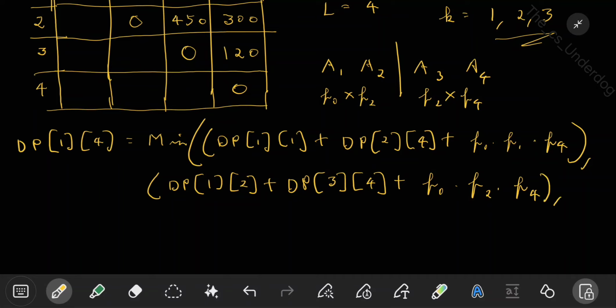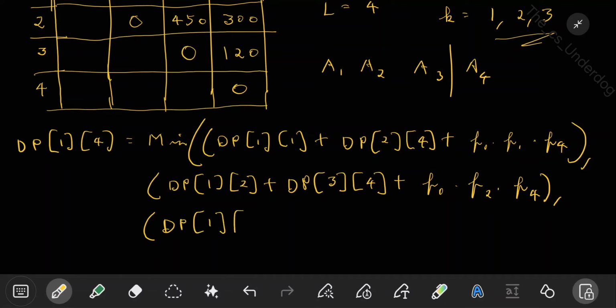In this case, one more split is possible. That is, after this, there is a k equal to 3 split. In case of k equal to 3 split, first part will be dp of 1, 3. That is including these 3. Second part will be dp of 4, 4. So this will be dp of 4, 4 plus what will be the remaining number of scalar multiplications?